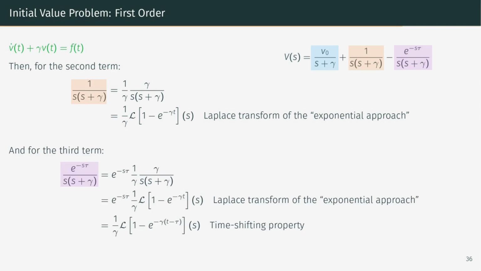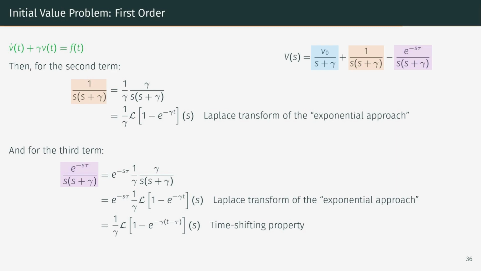For the third term in purple, we can see that e^(-s tau) over s times (s plus gamma) equals e^(-s tau) times 1 over gamma times gamma over s times (s plus gamma). We can see that the last part of this is the same as we had in the second case, and so this equals e^(-s tau) times 1 over gamma times the Laplace transform of 1 minus e^(-gamma t), which is the Laplace transform of the exponential approach.